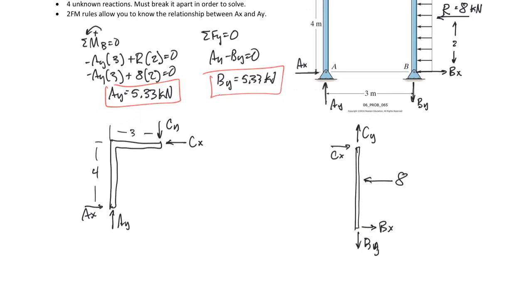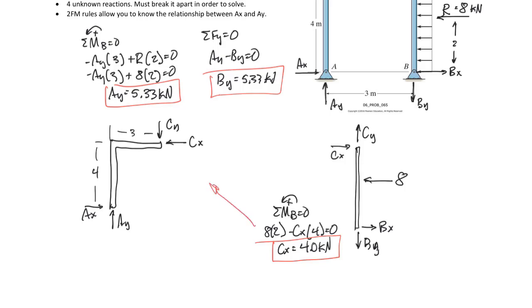So let me scooch this up a little bit and see what we can come up with. All right, I'm going to sum the moments about B. I have 8 times 2 minus CX times 4 is equal to 0. CY goes through B. So I can say CX is equal to 4. Now that's not my reaction, but it is key to my understanding.